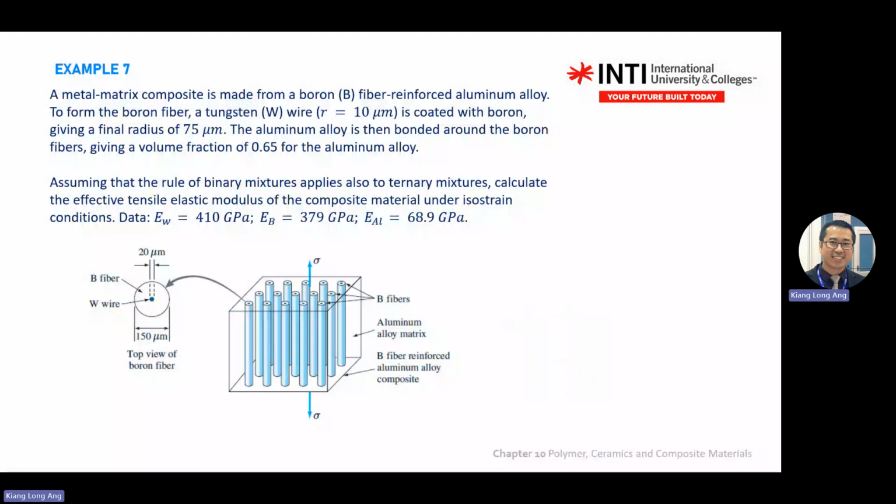Okay, now example 7 is an important one. We try to go through this one and then we call it a day, right? So now you have a metal matrix composite. Again, it's still a matrix question, made of boron fiber reinforced aluminum alloy. To form boron fiber, tungsten wire is coated with boron, giving final radius 75 micrometers.